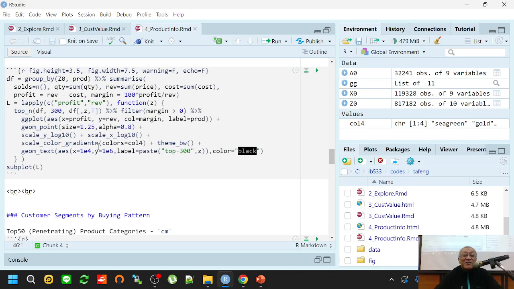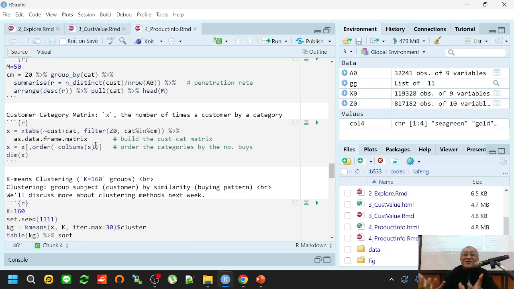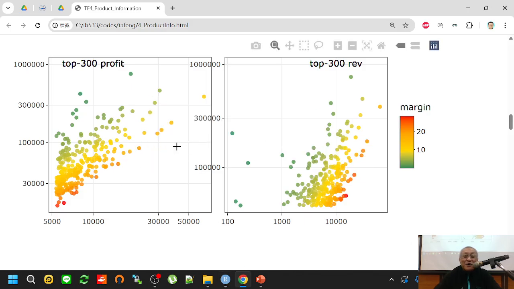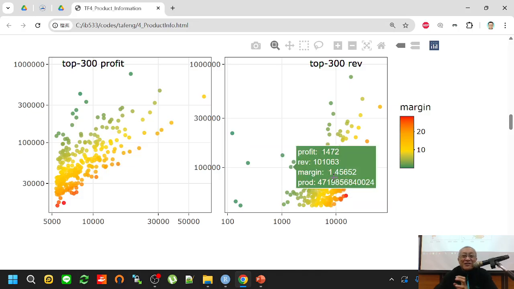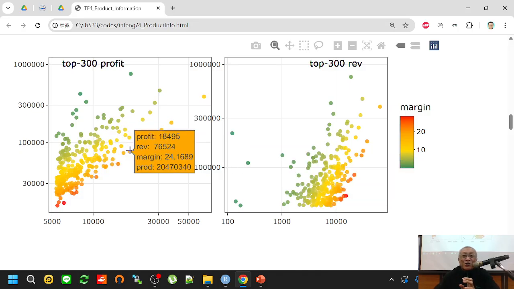And then you can use this interactive diagram to pick up the category or product that you want to focus on.